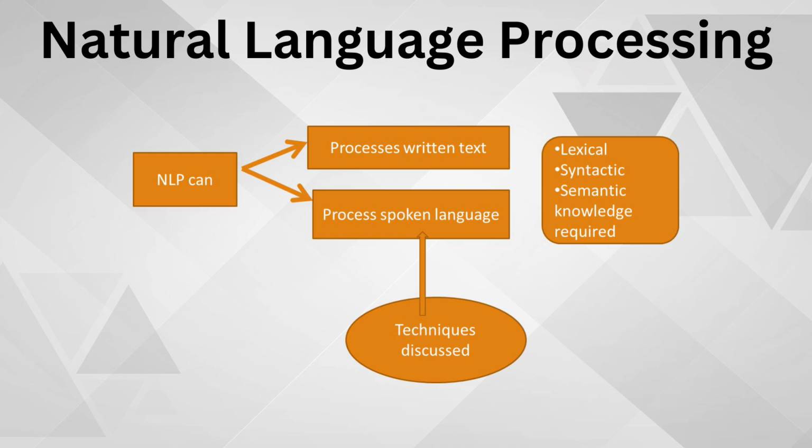To understand the language, the program must have complete knowledge about that language, the structure of that language, the grammar, the phrases, and the system must also interpret the sentences correctly.